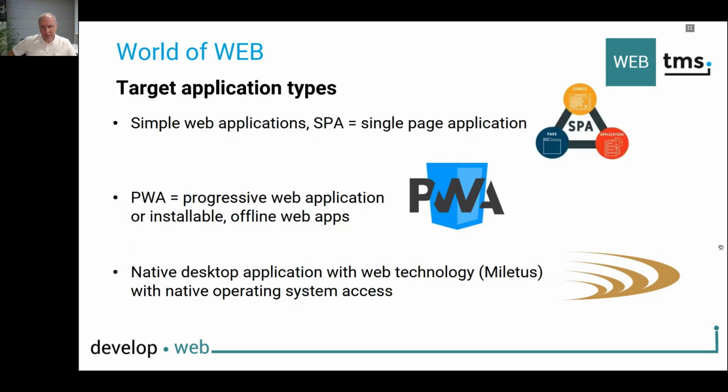What kind of applications can we create with TMS WEB Core? I identified 3 main types of applications that we can create. The standard application that we create is a single page web application. The naming is not something that I or we have chosen.